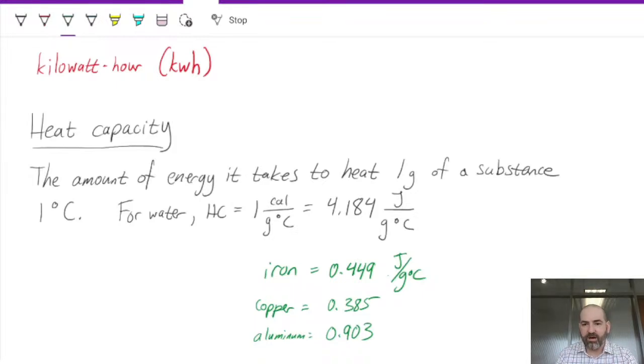Gases could have higher heat capacities, meaning it takes more energy to heat them up than it would for water. Actually, ice and steam have lower heat capacities than water, so it's easier to heat up ice and steam. It takes less energy than it does for water.